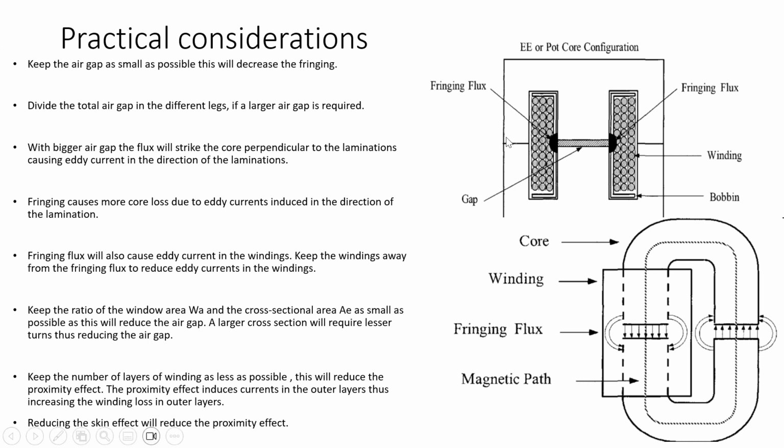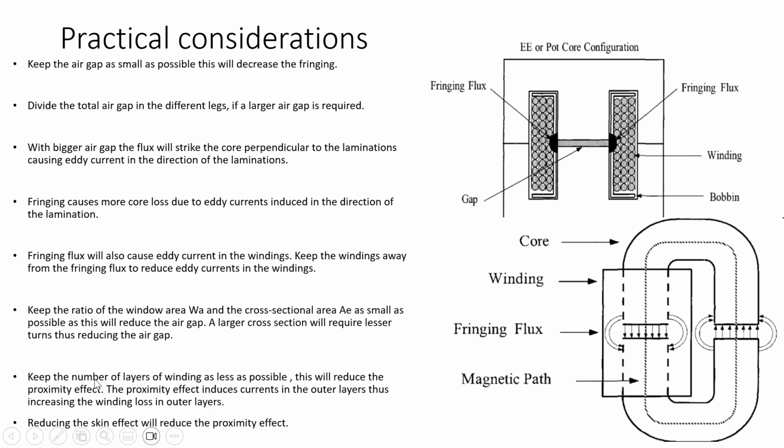So while choosing a core, we have to consider that this area must be small and this cross-sectional area must be large. This will also then produce a smaller air gap.